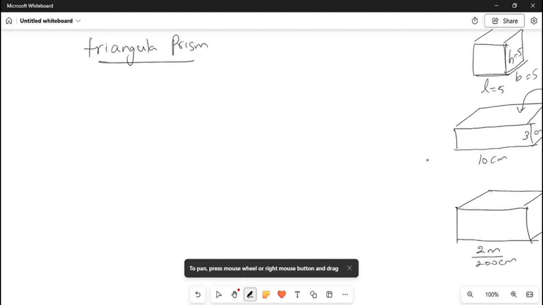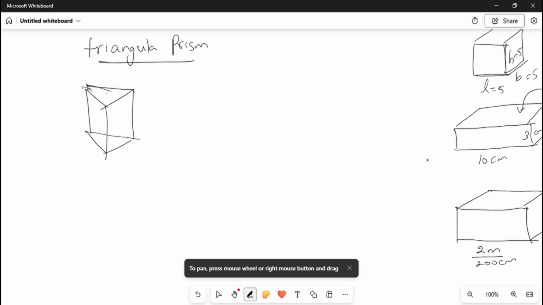It is like this. Look at this prism. This shape is bottom also triangular, and here rectangular. Two triangular faces, up and down. All the other three faces are rectangular faces.